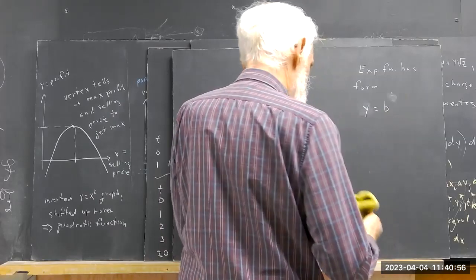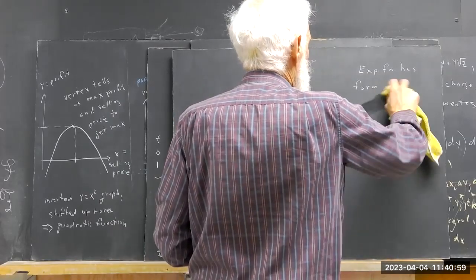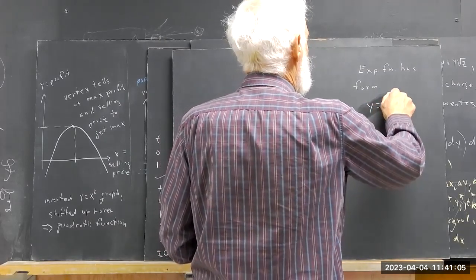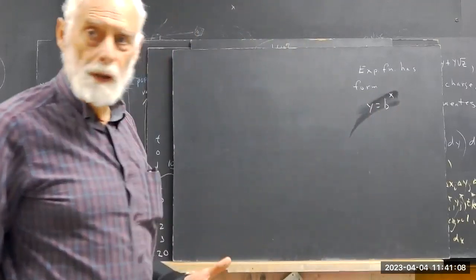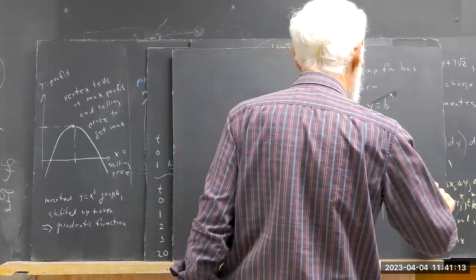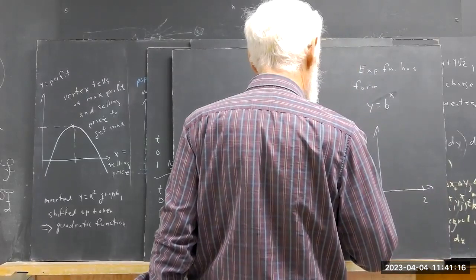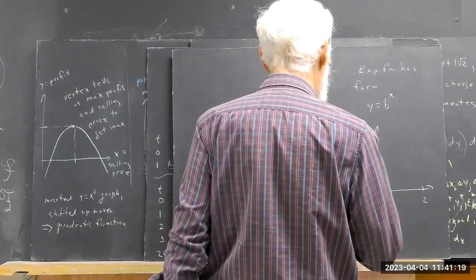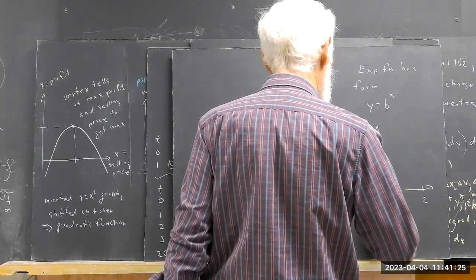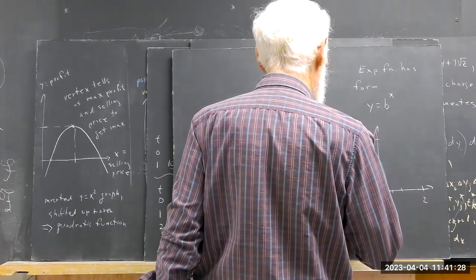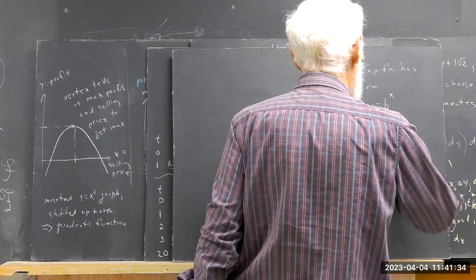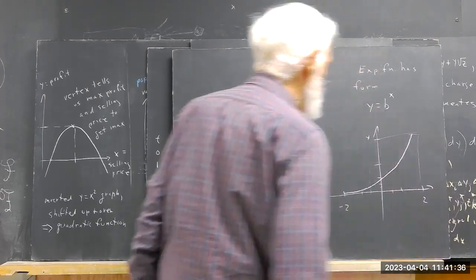Okay, generally, we can look at the use of X and Y. We're going to start with y equals b to the x. You're familiar with y equals 2 to the x. Looks something like that.